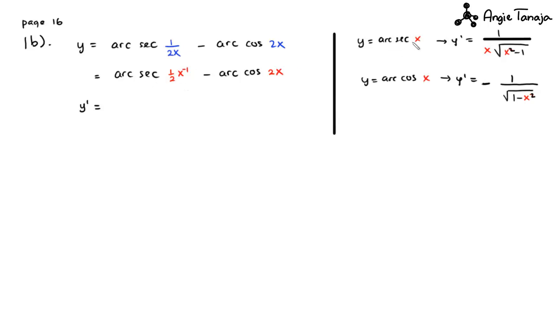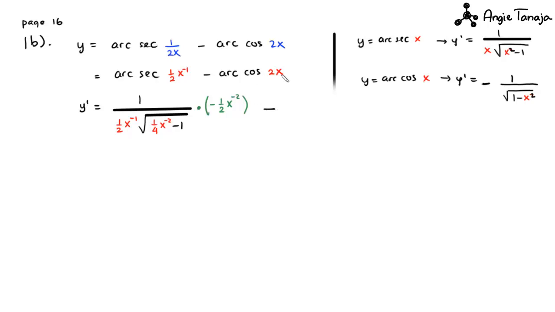Arcsecant x, so it will be 1 over x, and our x now is half x to the negative 1, root x squared, so it becomes 1/4 x to the negative 2 minus 1, and then times it with the chain rule, negative half x to the negative 2. Because it is not x, so we multiply this. Done. Continue with arccos.